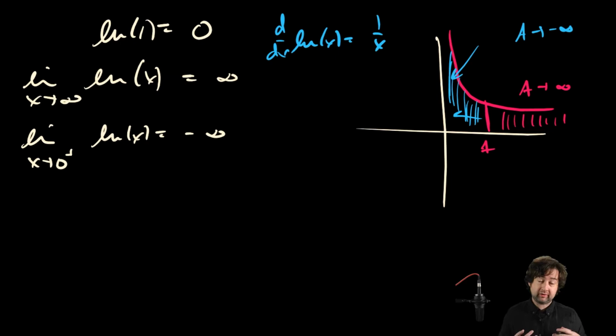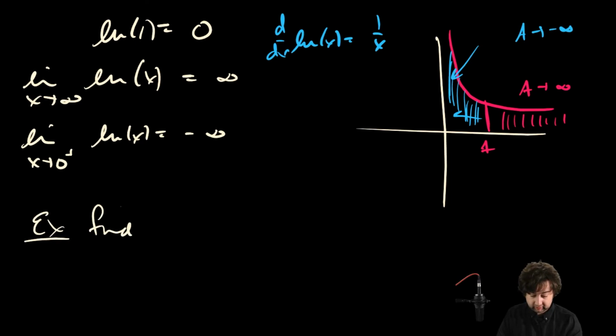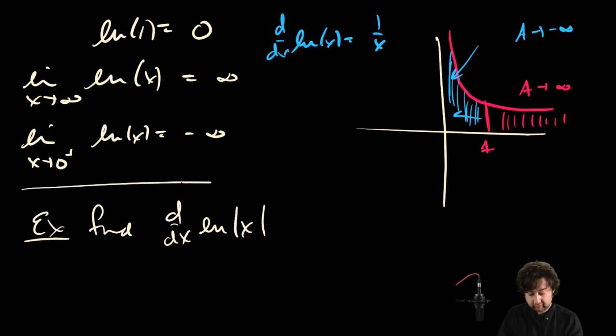To complete our study of the properties of the natural log, we're going to look at this problem. Find d by dx of the natural log of the absolute value of x. Understanding this problem will help us complete our study of the properties, and then we can move on to exponentials and also computations.